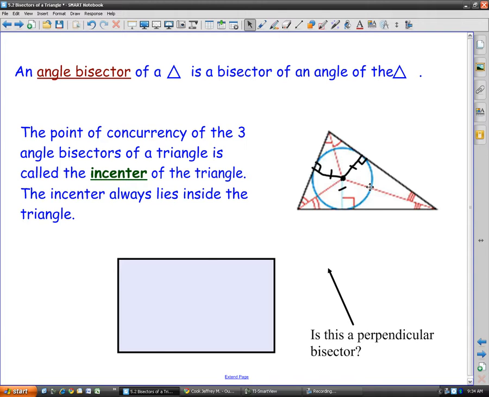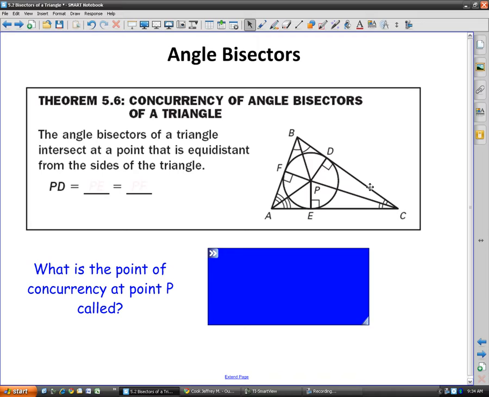So, talking about angle bisectors, that's what I was just saying: the angle bisector of a triangle intersects at a point that is equidistant from the sides of the triangle. So PD, this length right here, is equal to PE and PF on this shape, because that's what the incenter is all about.